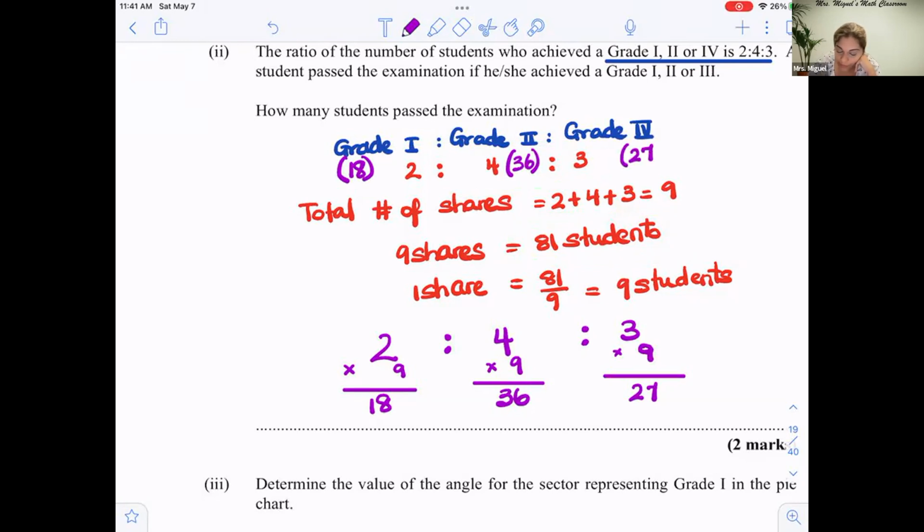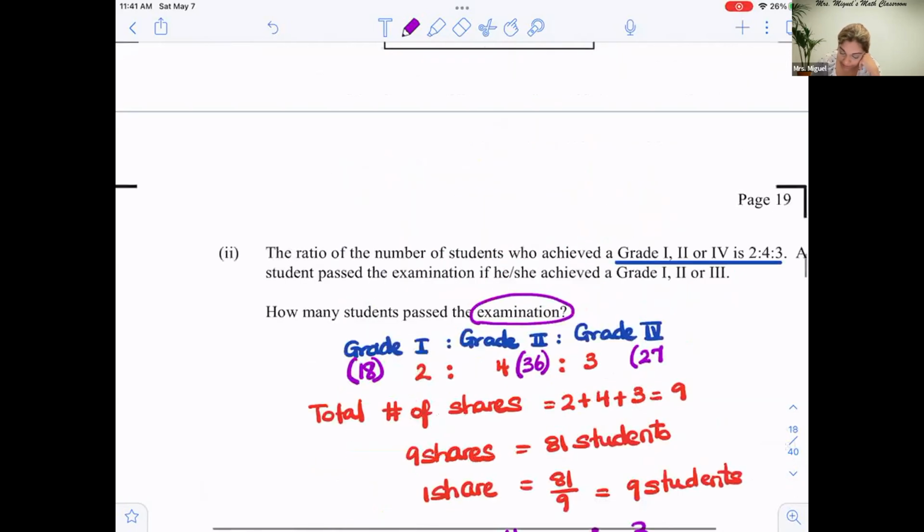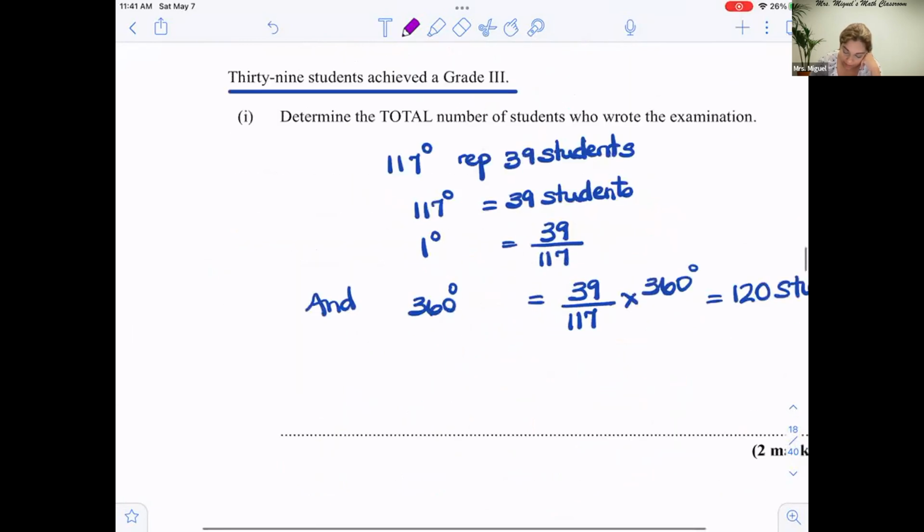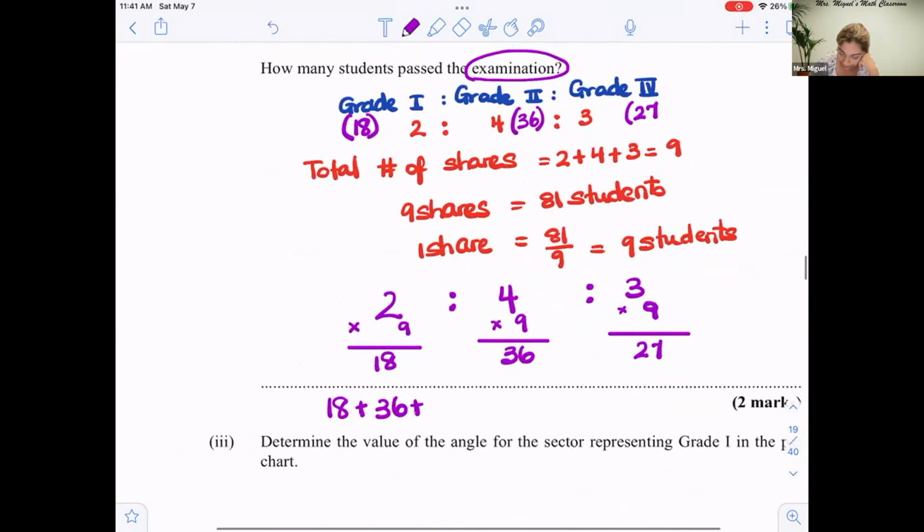They are asking you how many passed. So the number of students getting grade 1 is 18. The number of students getting grade 2 is 36. And the number of students getting a grade 3 is 39. So add those numbers to me.